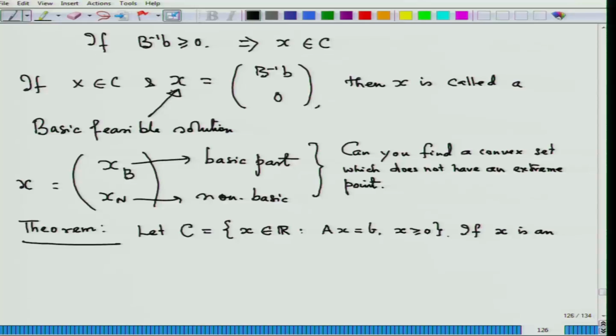If x is an extreme point of C, then x is a basic feasible solution, whose shorthand throughout the world in any optimization book is always BFS, and x is a BFS and vice versa.